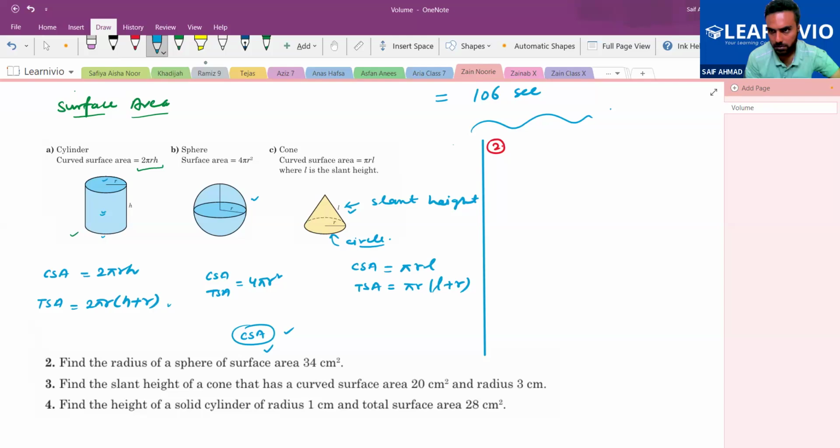I don't understand question two. How can we use the formula here? You have to find the radius, and the surface area is given.